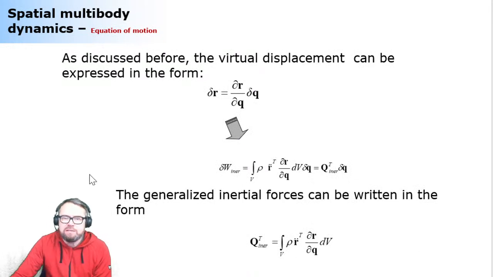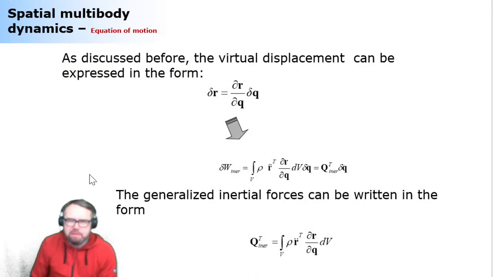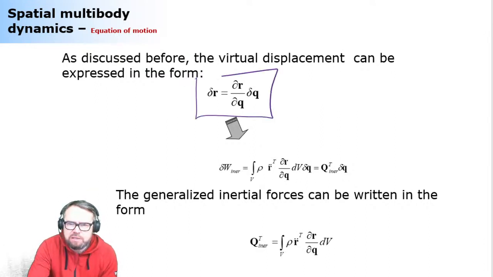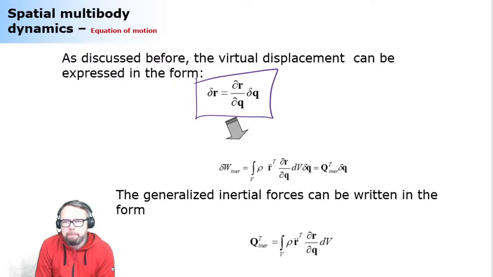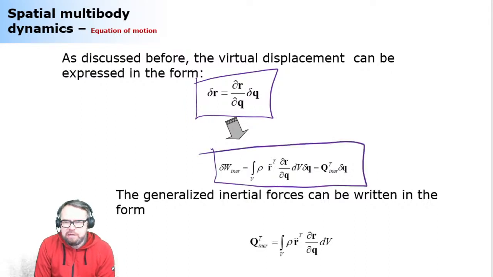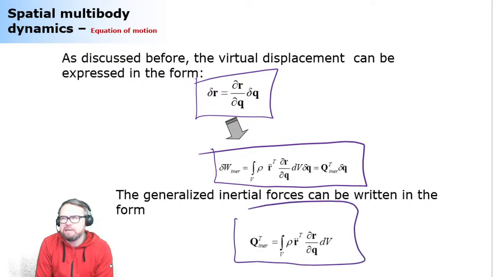All right, so the mapping I mentioned just less than a minute ago, the mapping between the global coordinates and generalized coordinates, can be expressed using this equation as it is shown here. And once I substitute that into my virtual work of inertial forces, it just started to look very bad. And this is how it looked. This is actually exactly the same as it was in the planar case.